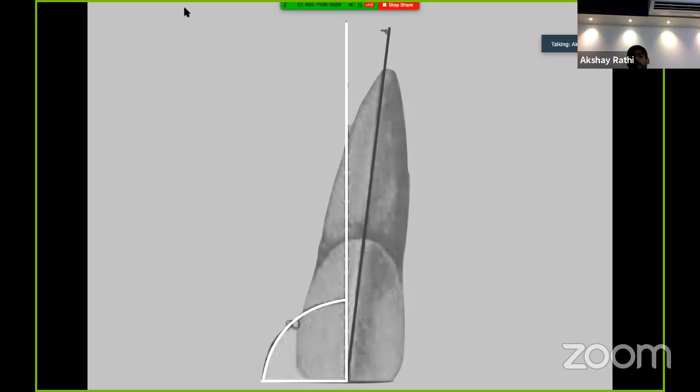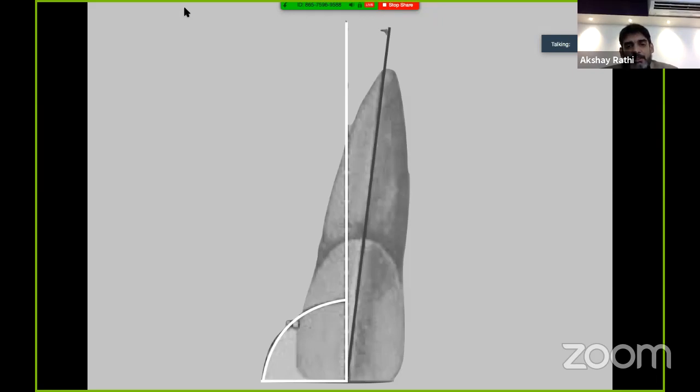Now look at this. We've done a lot of speaking from my end. So let me ignite your thinking button. If this is an upper lateral incisor, then it is of which side? Is it a right lateral incisor or is it a left lateral incisor?